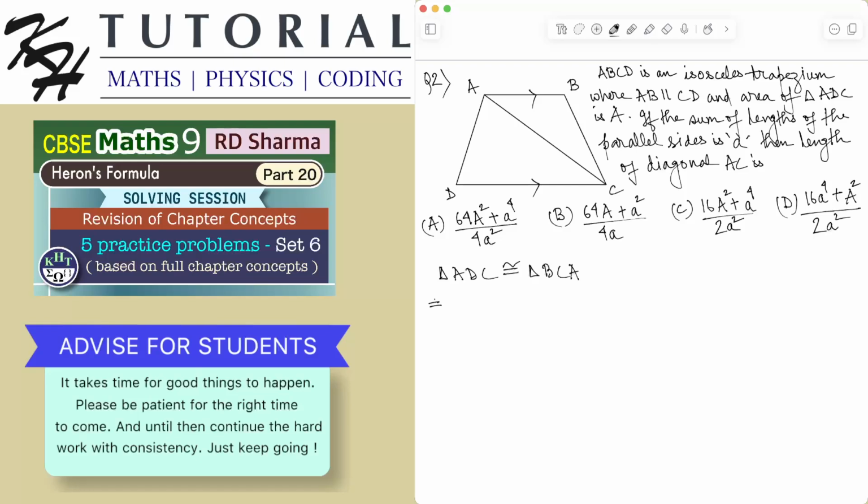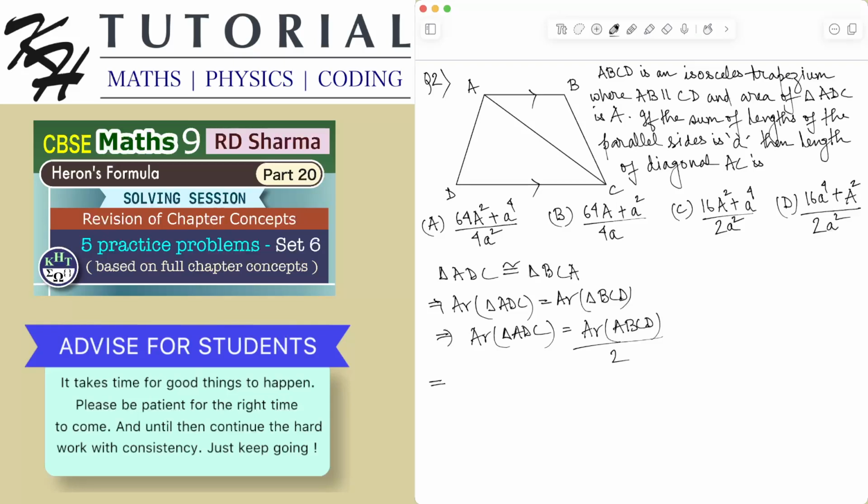This will imply that the area of triangle ADC will be equal to the area of triangle BCA, which is half of the area of the trapezium ABCD. In an isosceles trapezium, always remember that any diagonal will divide the trapezium into two congruent triangles, and those two congruent triangles will have equal area. So the area of one congruent triangle will be half the area of the trapezium.